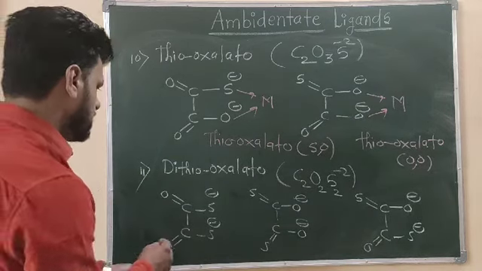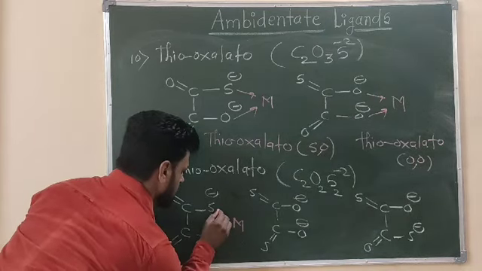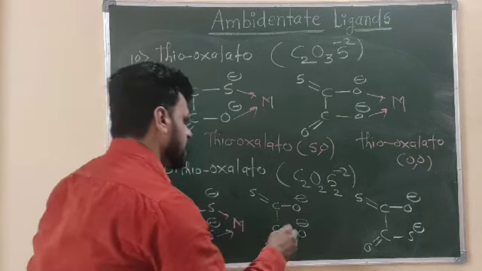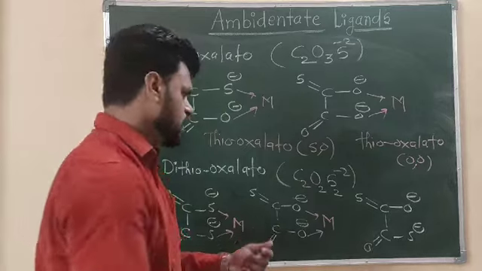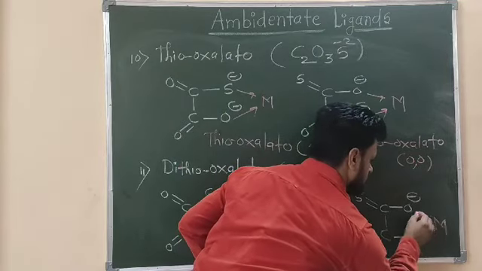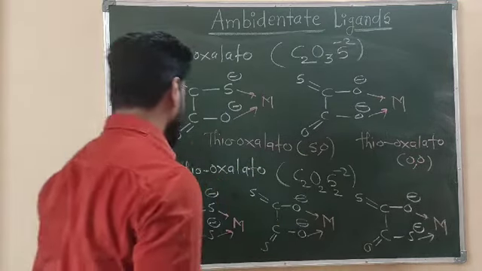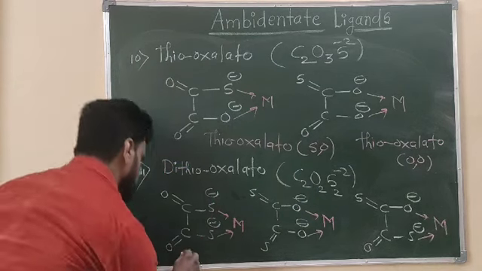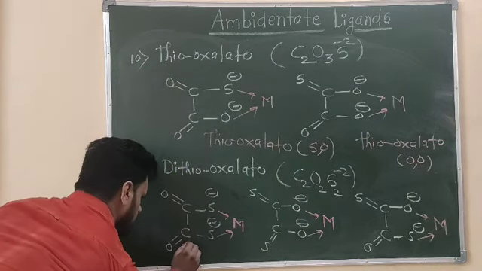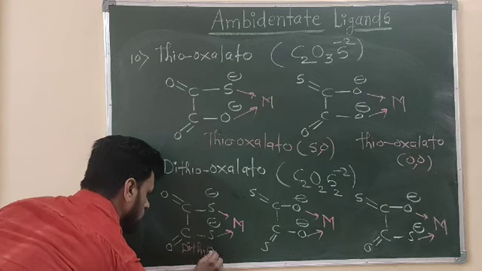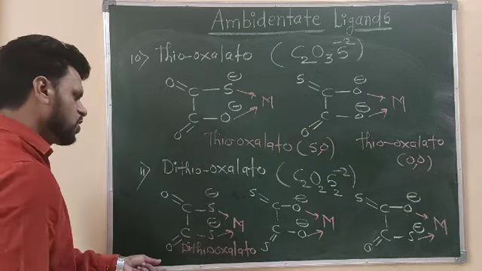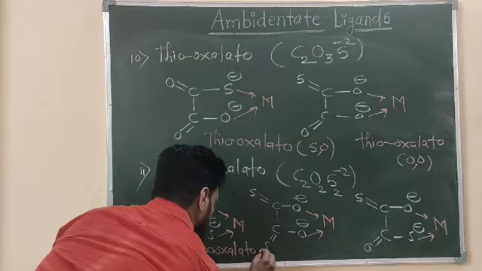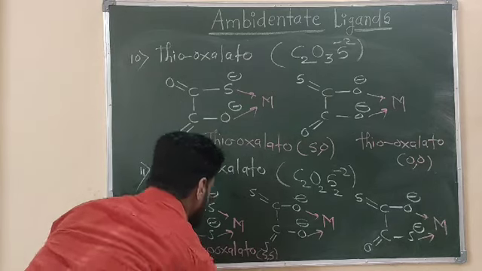So the first molecule can bind both via sulfur, the second can bind both via oxygen, but in the third it is using oxygen and sulfur. This is called dithiooxalato, and in brackets you have to mention the atoms, that is sulfur, sulfur.